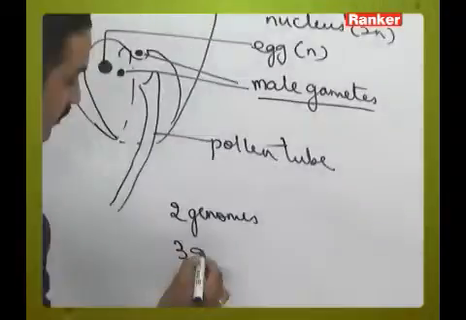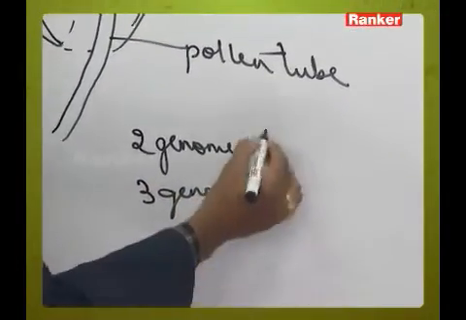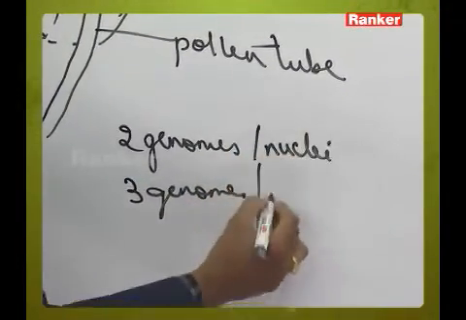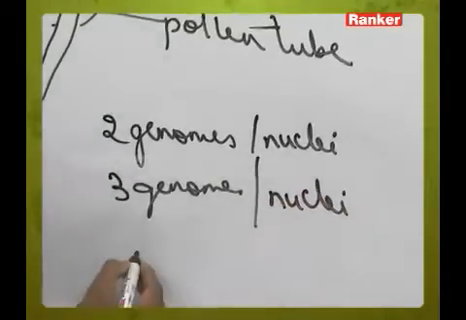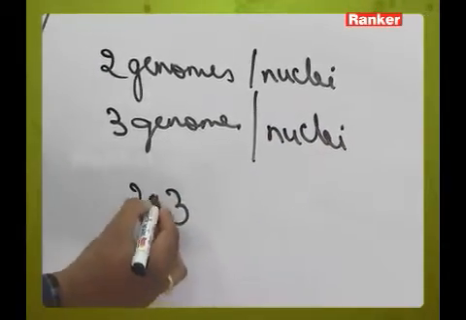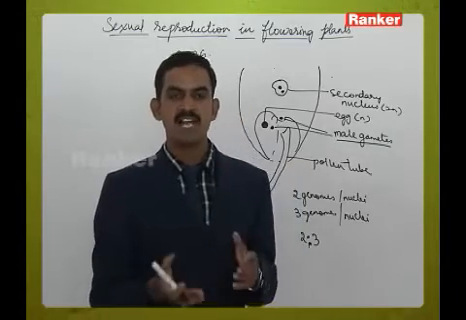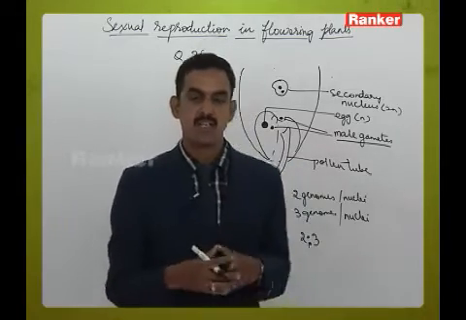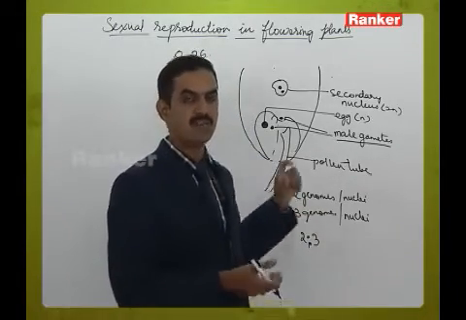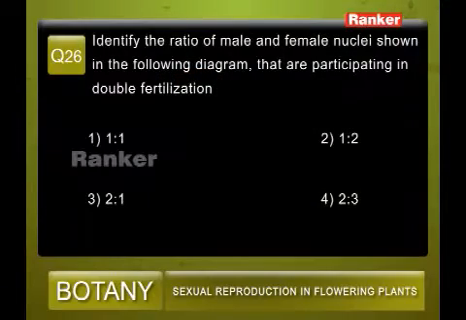So that is 3 genomes or 3 nuclei. That means 2 and 3, or we can say the ratio between male and female nuclei participating in the double fertilization shown in the figure is 2:3. Question number 26, the correct answer is 4.